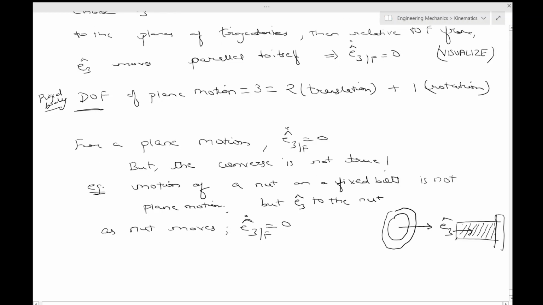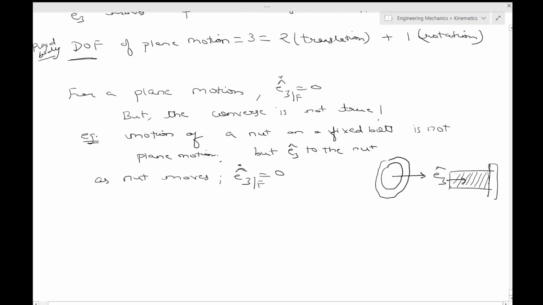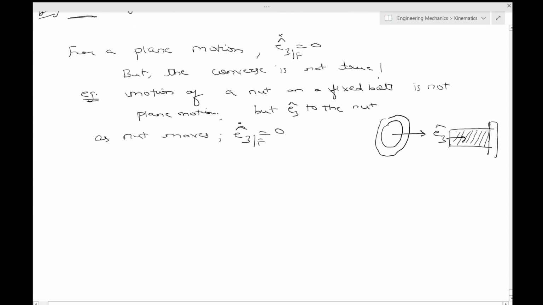So let's see how we write this. Let's draw a frame F like always. Let me draw that here. I have an E1, I have an E2, and I have an E3.